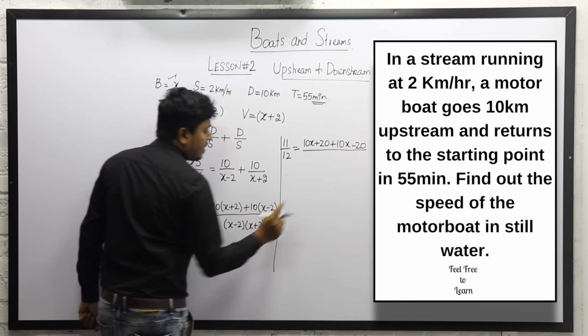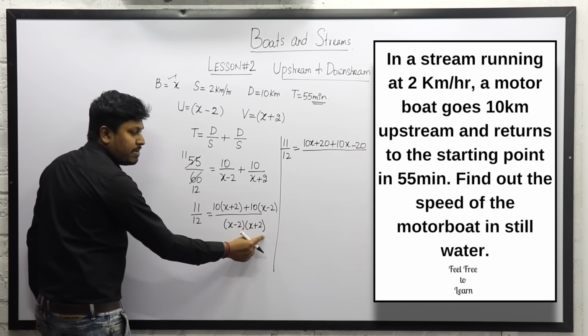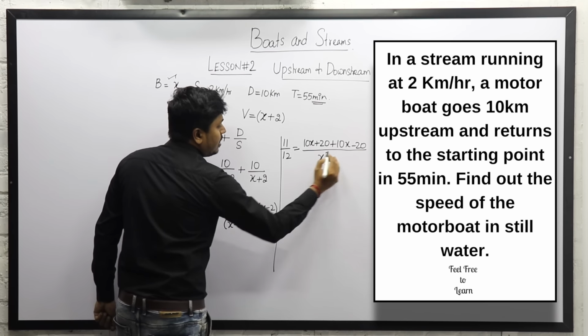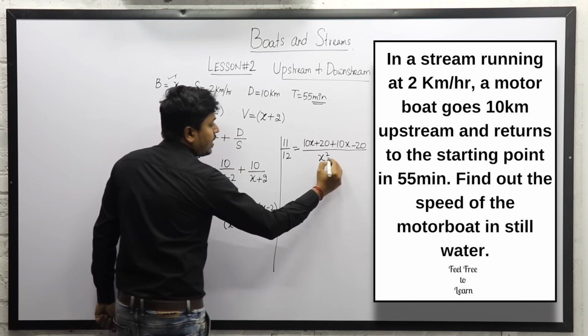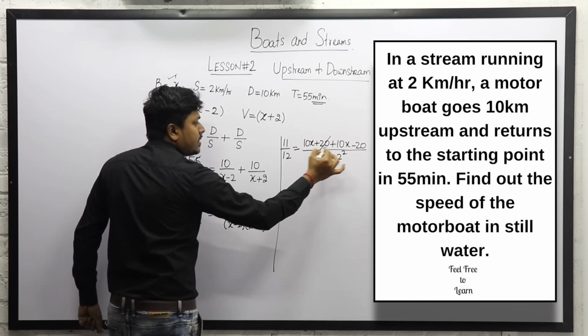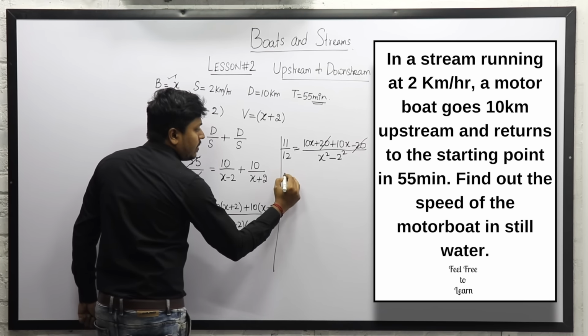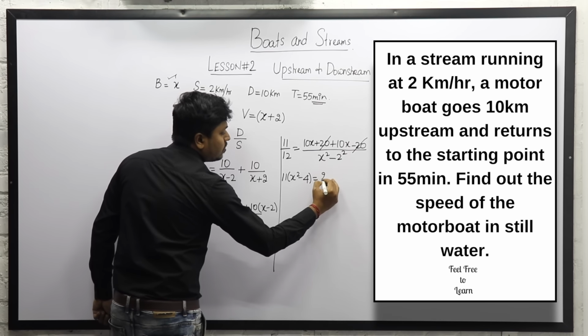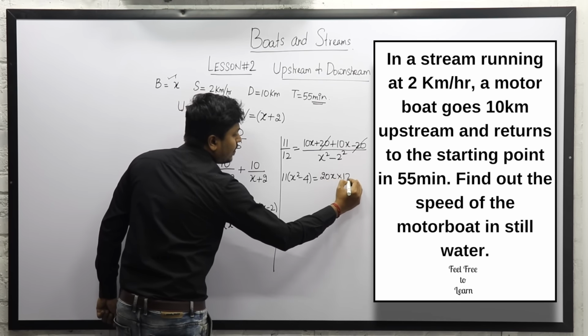So totally divided by a minus b, a plus b, that is a square minus b square. So a square will be x square, b square will be 2 square. So a square minus b square. Next we can cancel 20 and 20 here. So 11 into x square minus 4 is equal to 20x into 12.